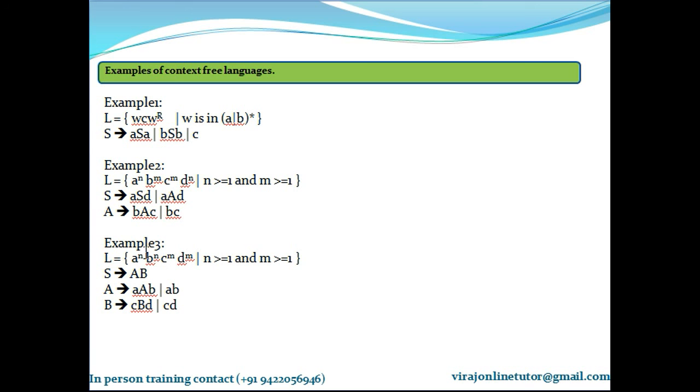A is a label for this particular expression. B is a label for this expression. So I am concatenating A and B. Simple. So the final language is A concatenate B. So using this, you can construct CFGs.